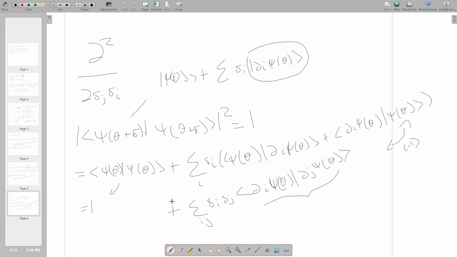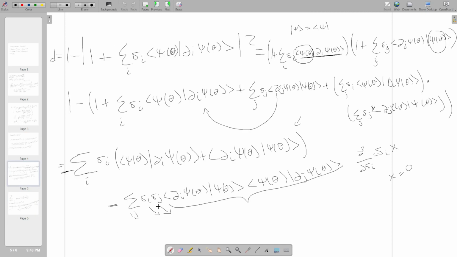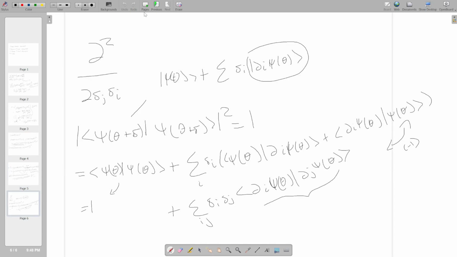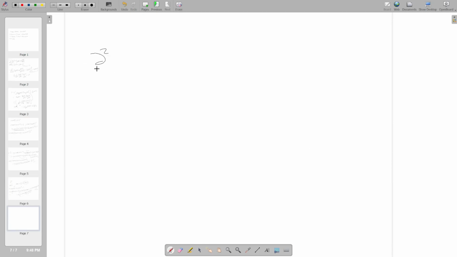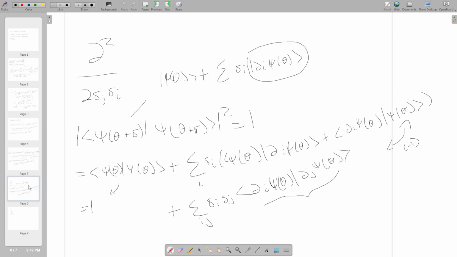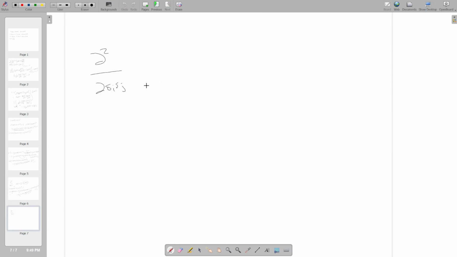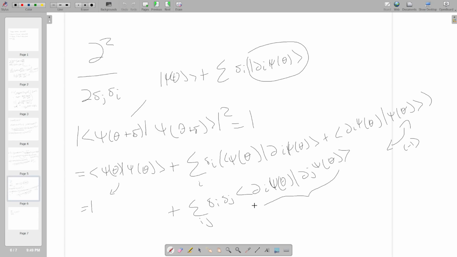So then, okay, if we take the partial, so now if we have our full equation that we're deriving, we have this partial with respect to delta I delta j with respect to this term right here. So we have the sum of this and this, and we have I and j, right?